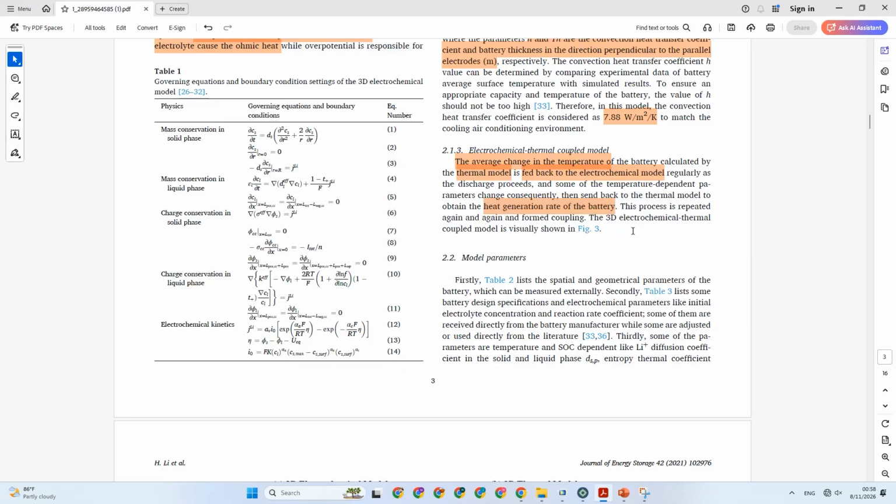This process is repeated again and again and formed coupling. The 3D electrochemical thermal coupled model is visually shown in Fig 3.